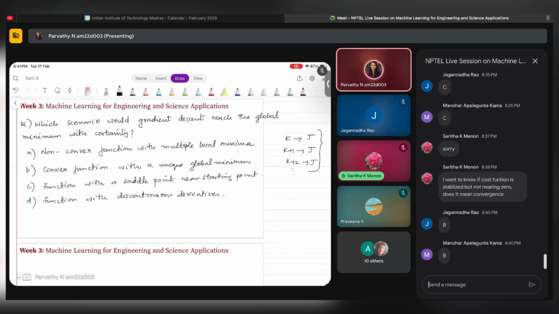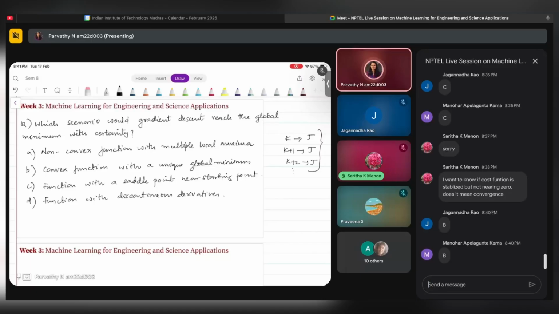So that is one of the criteria. We have those four criteria for stopping the iterations, right? We cannot indefinitely keep on updating the weights or the parameters in the algorithm. So at some point we have to stop.